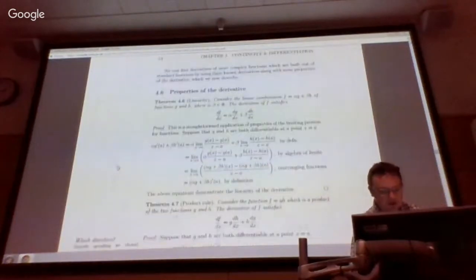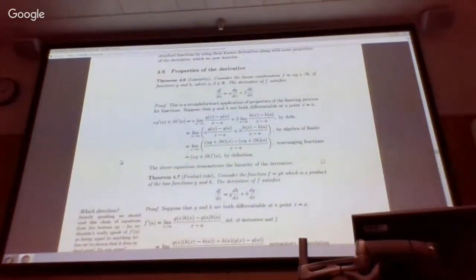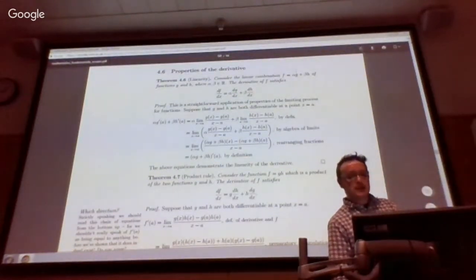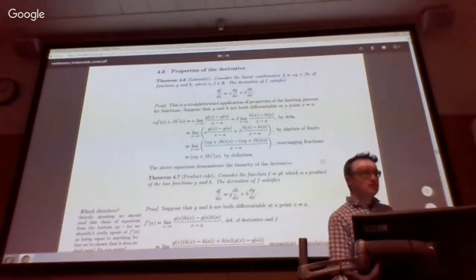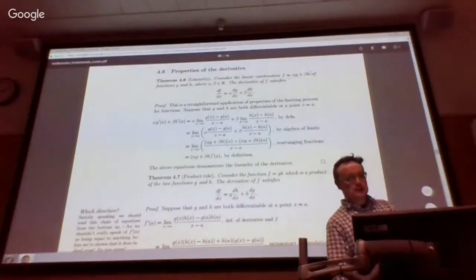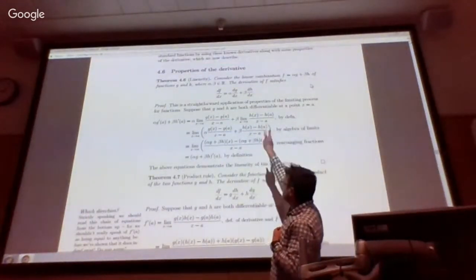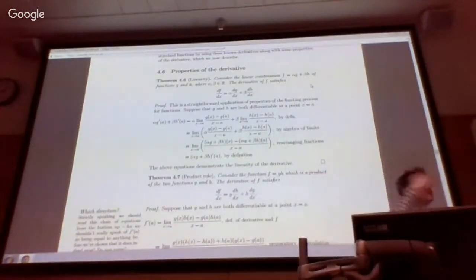Which on page 54 of the notes, so these are the ones we'll start to look at. Linearity. So the differentiation process is linear. What that means is that if you have functions g and h, which are differentiable, and you have a new function f, which is a linear combination of g and h, then the derivative of f is the linear combination of the derivatives of g and h.